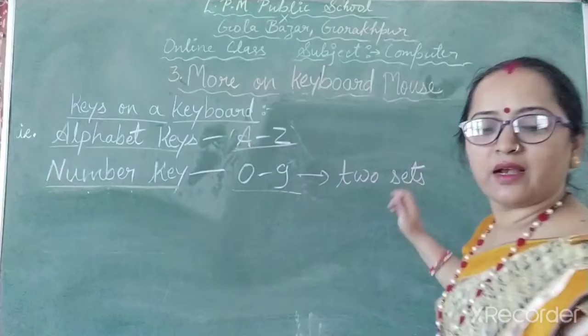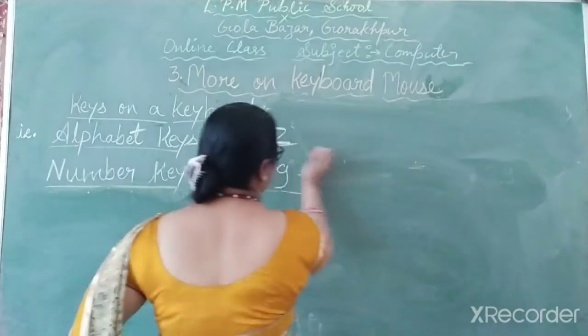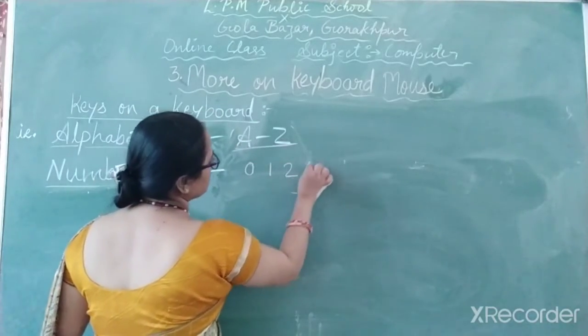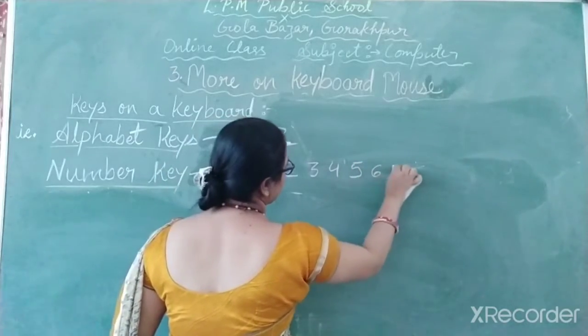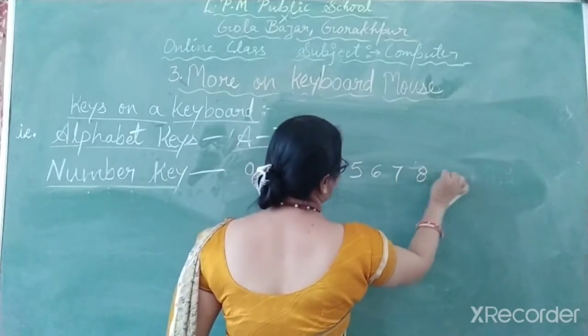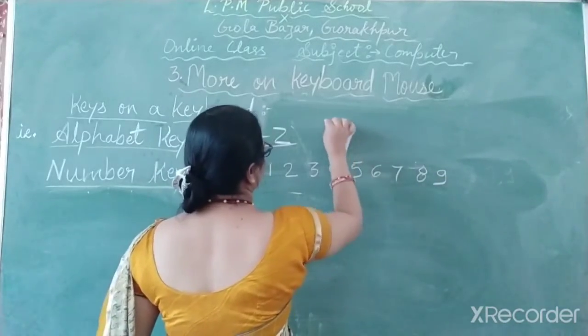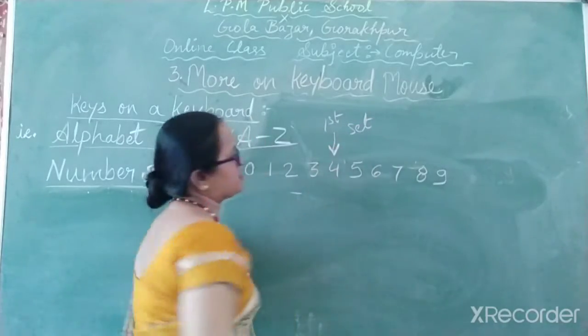See here, on the keyboard shown here, one set is 0, 1, 2, 3, 4, 5, 6, 7, 8, 9. This is the first set.